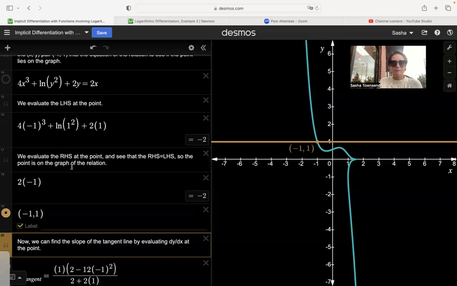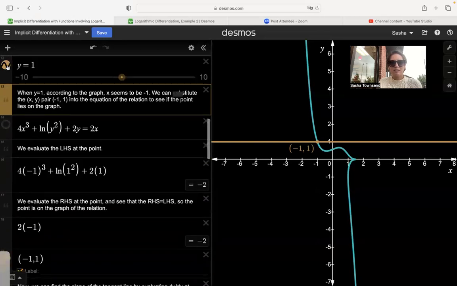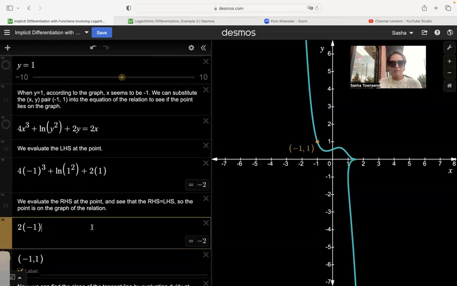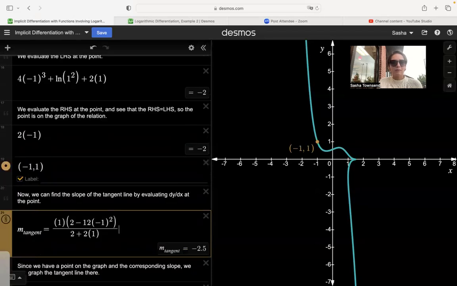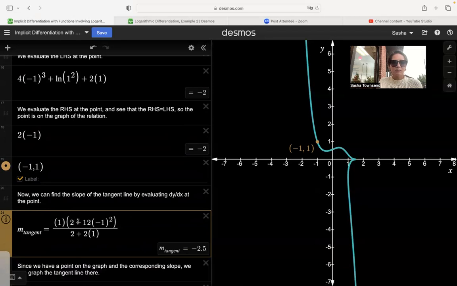We can label it. I think I want to get rid of that horizontal line now. That was just used to find that point of intersection. And then you say, okay, what's the slope? The slope was y times the quantity 2 minus 12x squared, divided by 2 plus 2y.